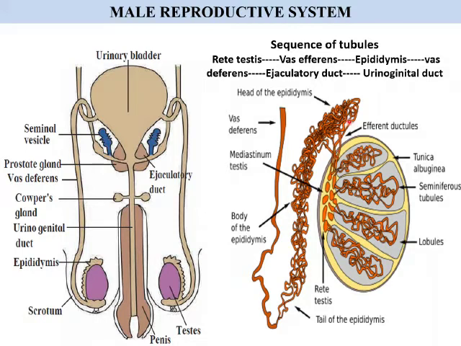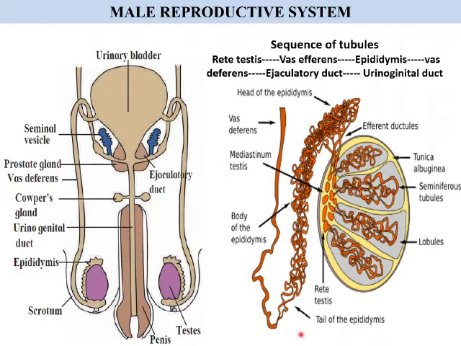From vas efferens, they go into the epididymis, or the head of the epididymis. On the head of each testis, we have the epididymis, where the sperms have reached. From there, they move down to the tail of the epididymis, and finally they enter the vas deferens.